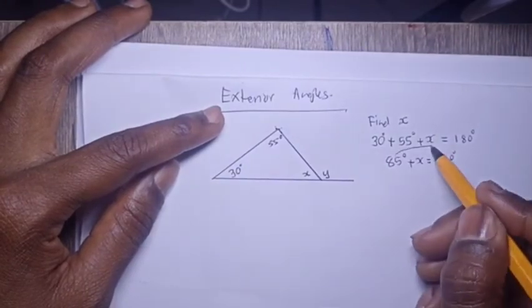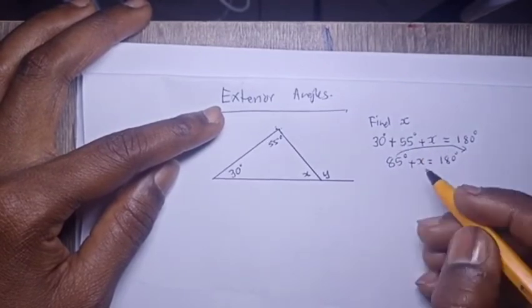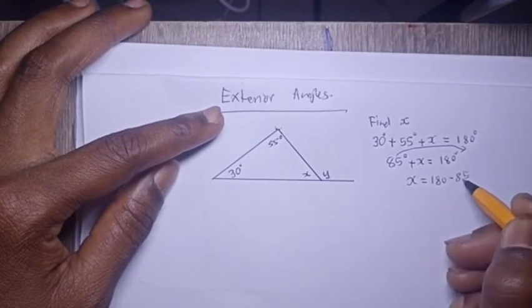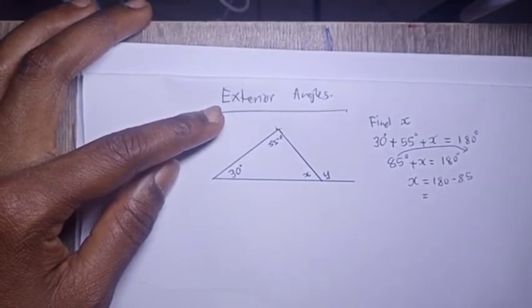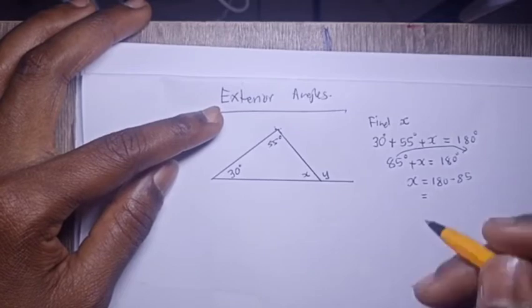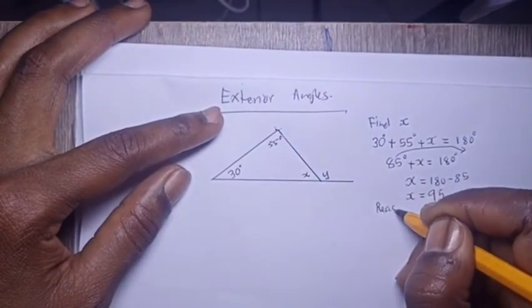Then what are you going to do? I'm sure you know it by now. Take this one to the other side. If it goes there, it becomes a negative. It's the additive inverse. We're basically subtracting 85 from both sides. So 180 minus 85 is 95.